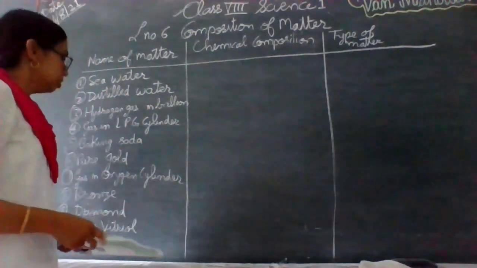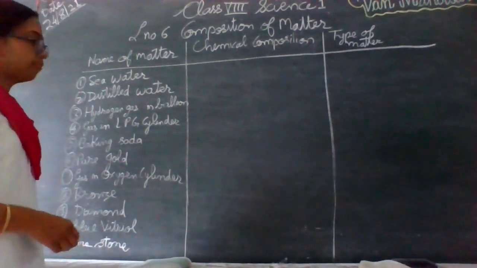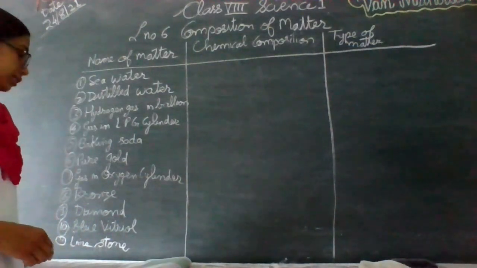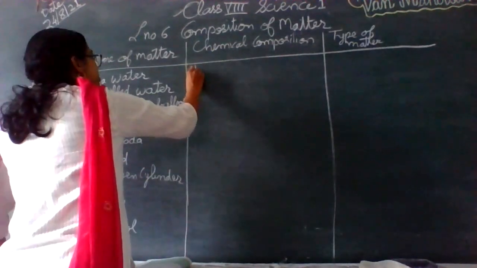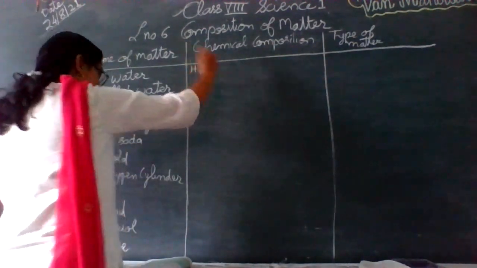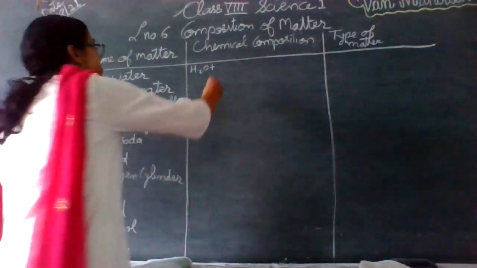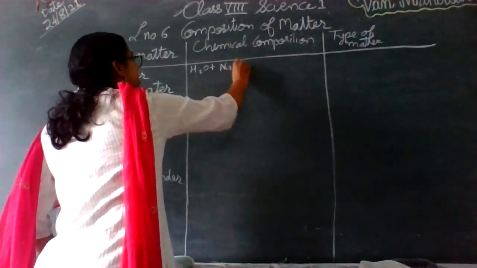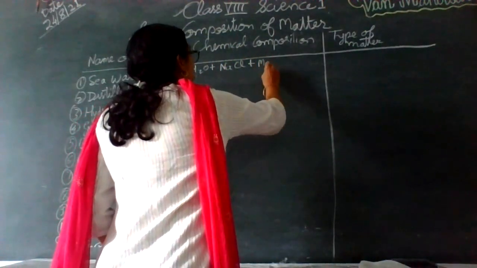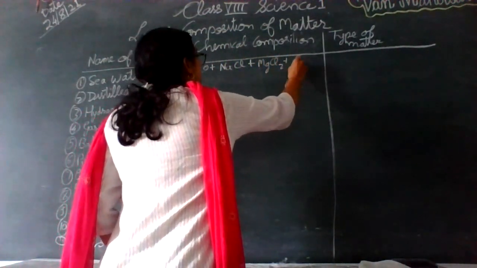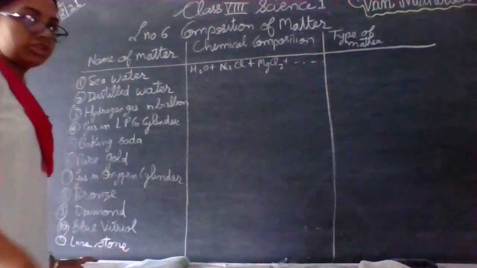You see, the first matter that we are going to consider is seawater. Seawater, we all know, consists of water, and there is salt, that is NaCl, as well as many more chemicals mixed in, like magnesium chloride.